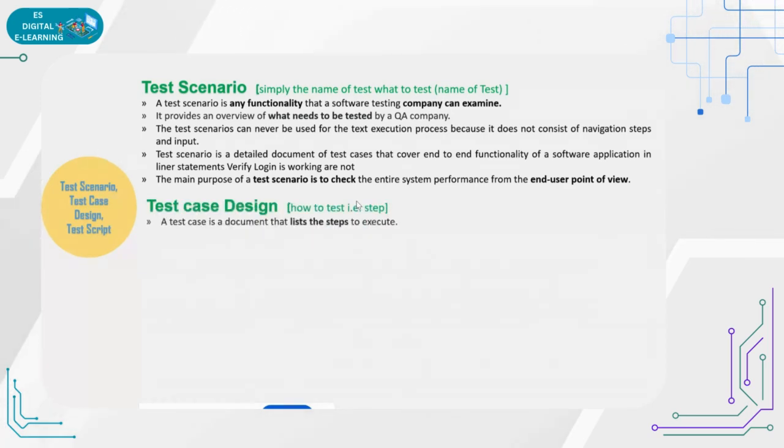And test case design. This is how to test. We design test cases by writing them in steps, in a sequence. We need to verify that the sequence of steps we wrote is working, and we cannot skip the steps. When we are doing the testing, we need to follow the order. You should not miss it. Suppose I take the example of A plus B: step 1, step 2, and step 3.